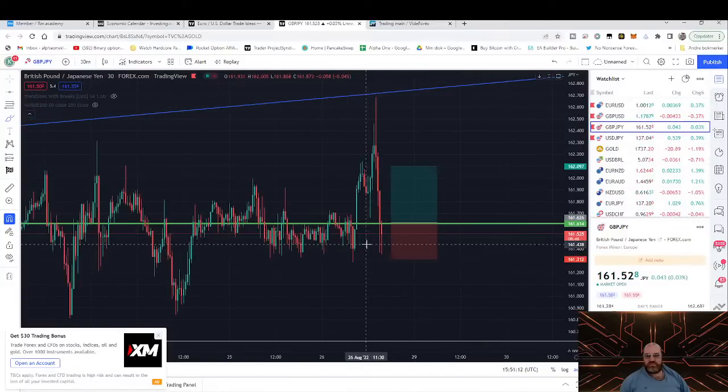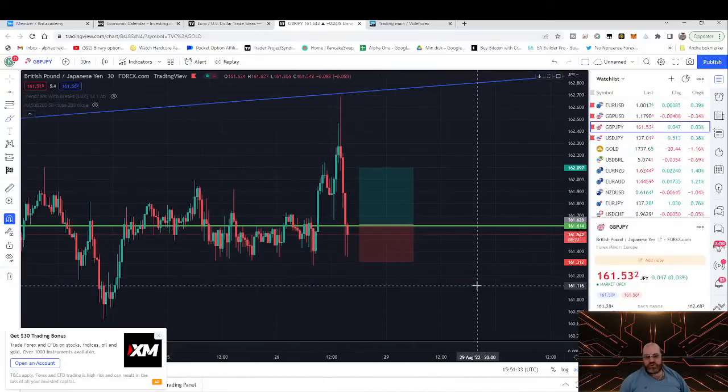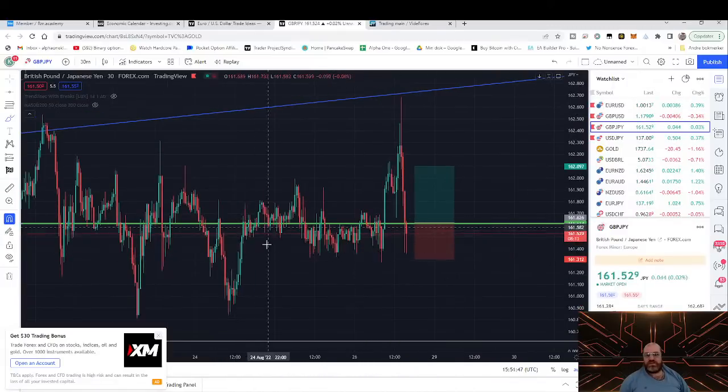Here we can, for example, with GBP/JPY, we can't do a short trade because I would basically only look for a long trade here. But there are no super nice entries. It's not something that we saw much of at the start of this week, where we had super nice entries and we could put a tight stop loss. I don't see that here.